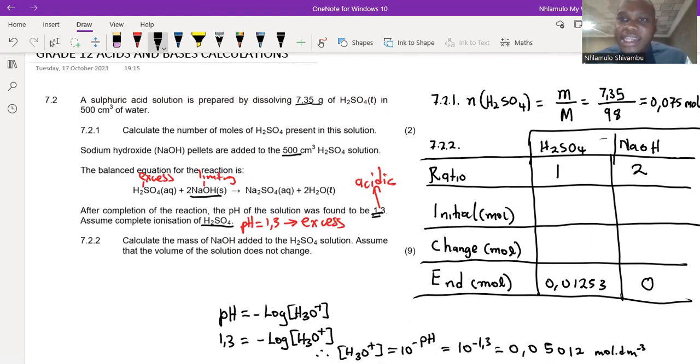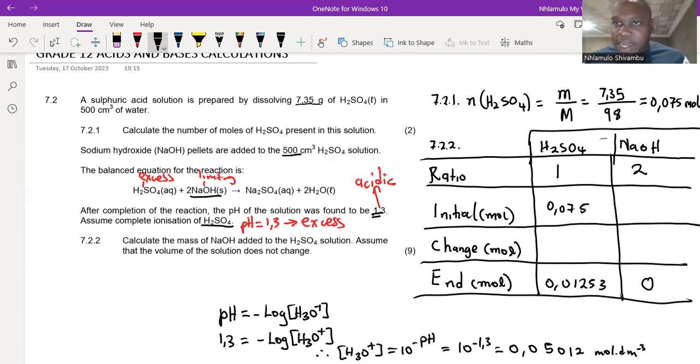So the initial number of moles of sulfuric acid is 0,075. So if this is the initial number of moles, what are we going to get here? We're going to get the change. We started with 0,075, and then at the end, we had 0,01253.